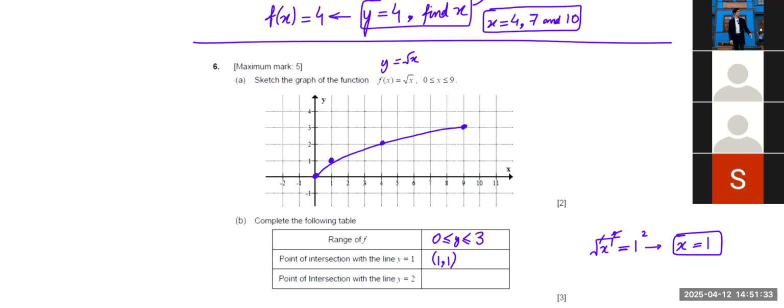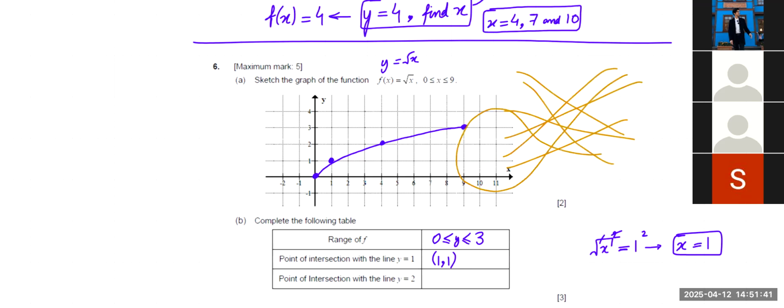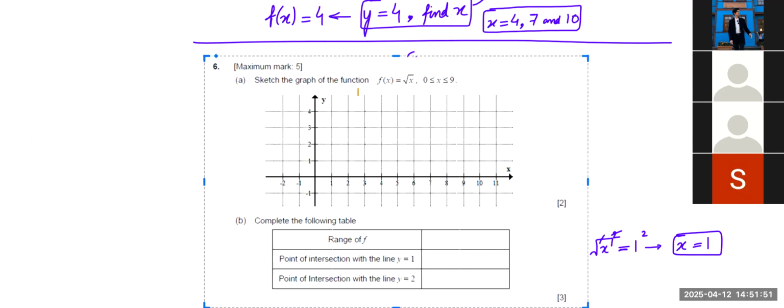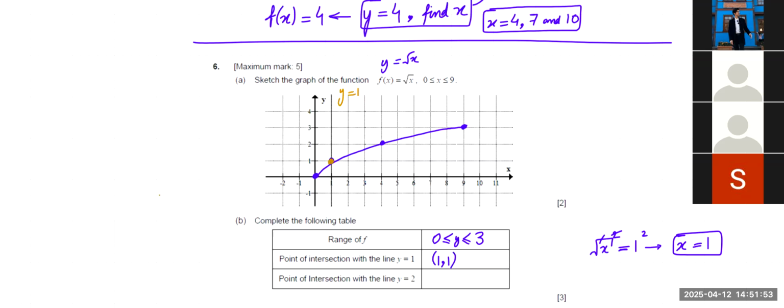Yeah, straight line, but what kind of straight line? Is it perpendicular or something? Vertical is the word you're looking for, right? Okay. So that's the line y equals 1. And as you can see, you can clearly see where they intersect. 1, 1, right? So that's the graphical way to solve it.